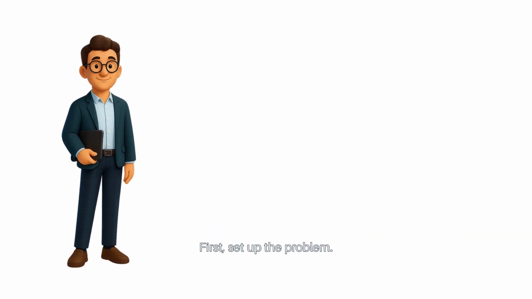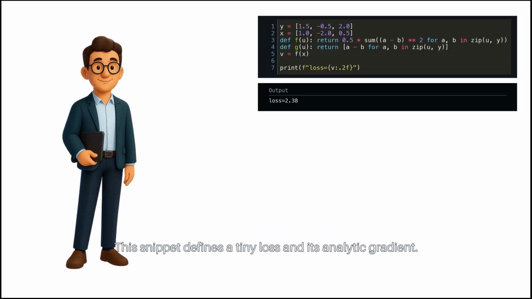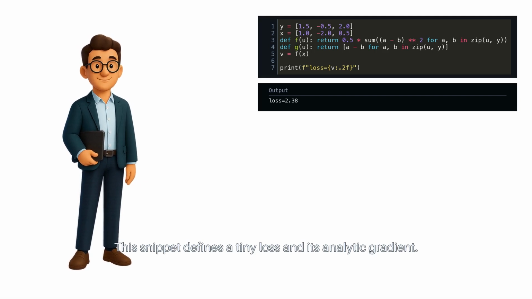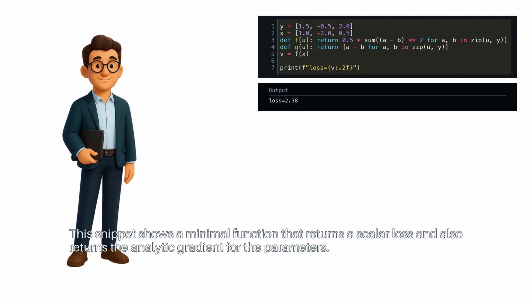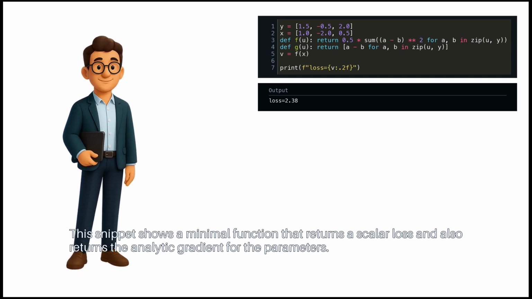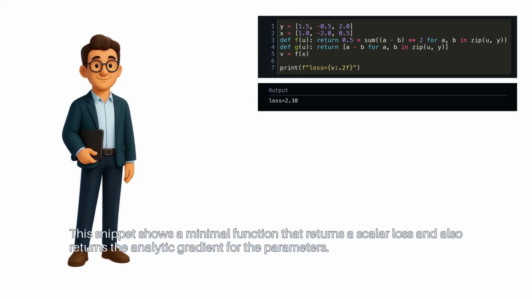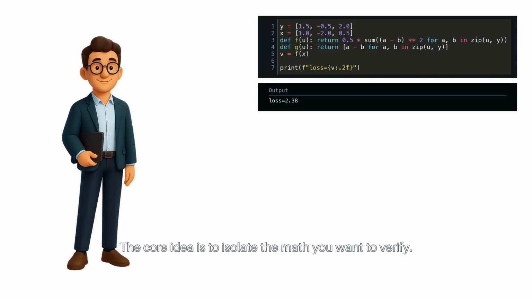First, set up the problem. This snippet defines a tiny loss and its analytic gradient. It shows a minimal function that returns a scalar loss and also returns the analytic gradient for the parameters. The core idea is to isolate the math you want to verify.